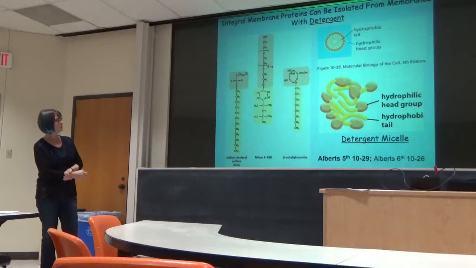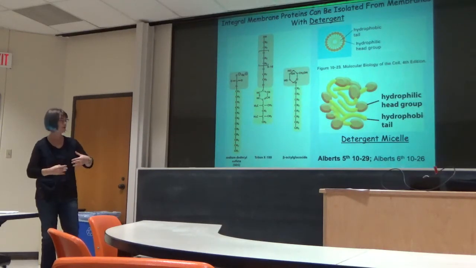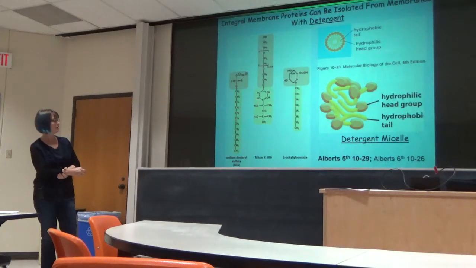What you see here is pink, and in blue is water. You can see the hydrophilic head groups, which would be this part of SDS, or this portion of Triton X100. And they've put their tails in the middle to make a hydrophobic core. This is called a detergent micelle.